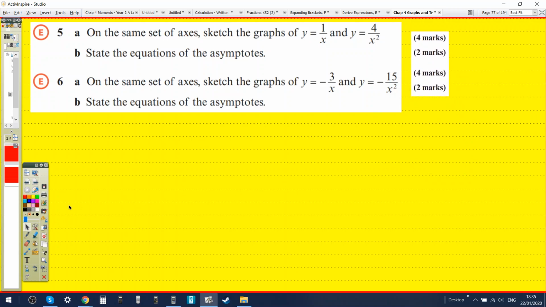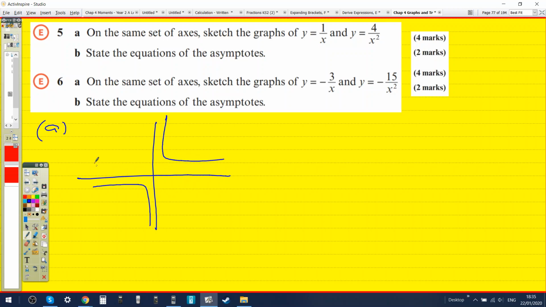And the important bit is question B. In fact, I'm done A. So that's that. Okay. Equation of the asymptotes. What does that mean?